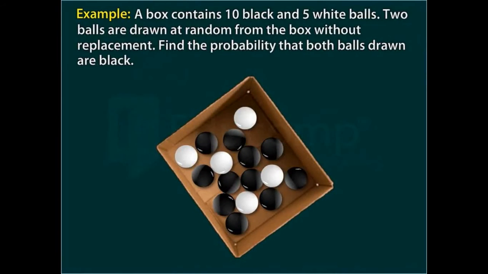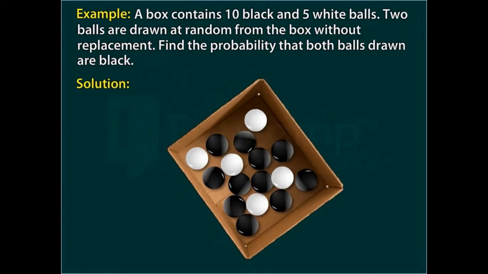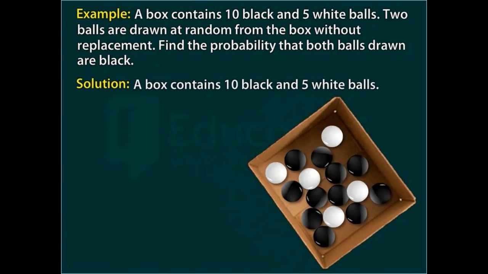Example: a box contains 10 black and 5 white balls. 2 balls are drawn at random from the box without replacement. Find the probability that both balls drawn are black. Solution. A box contains 10 black and 5 white balls. The total number of balls is 15.